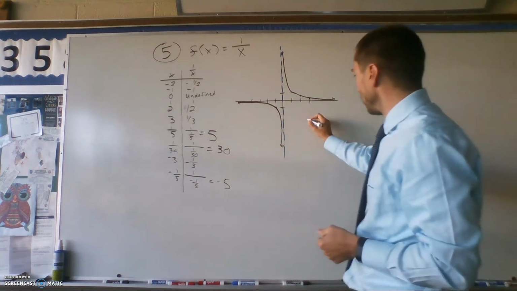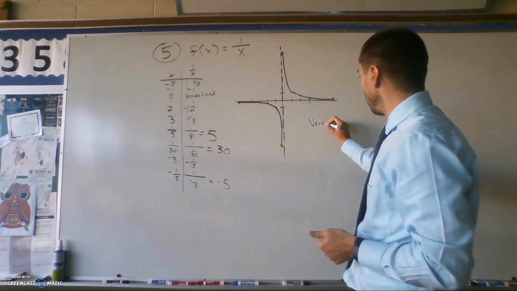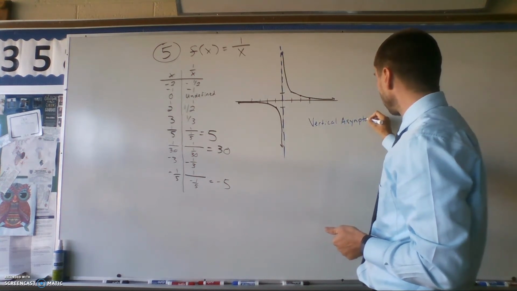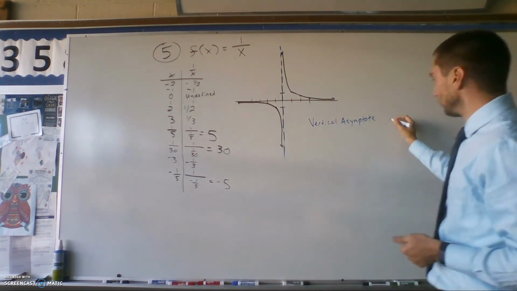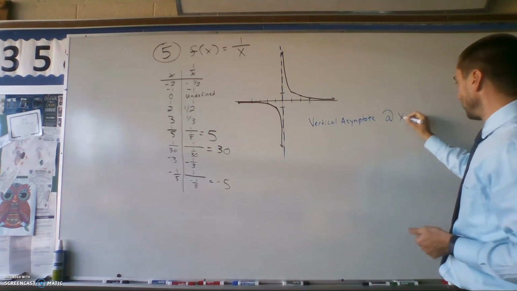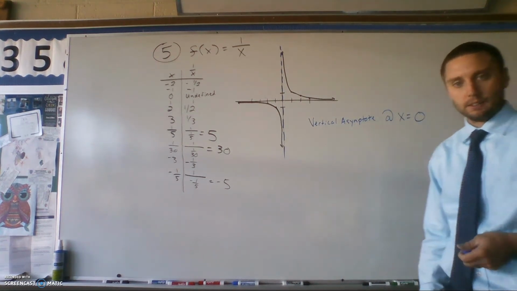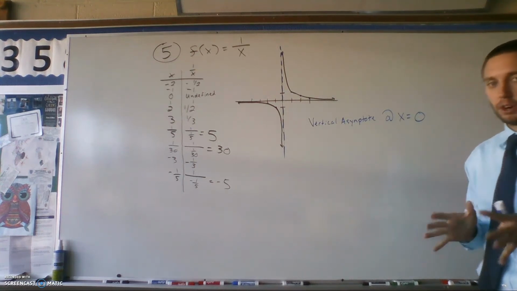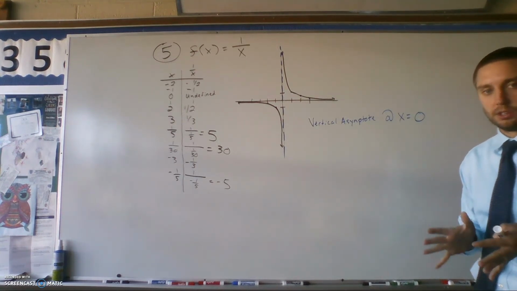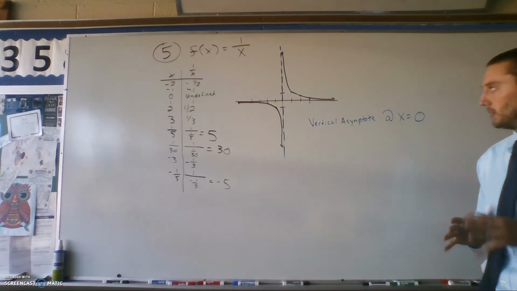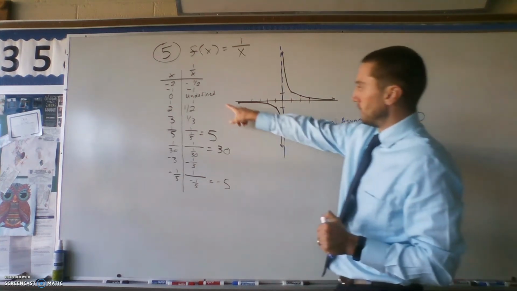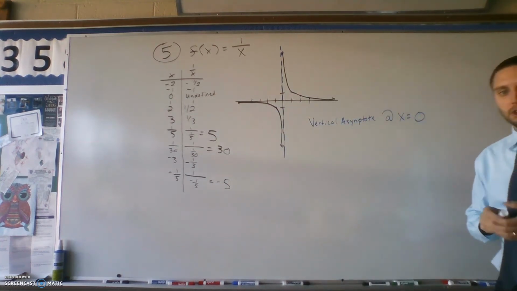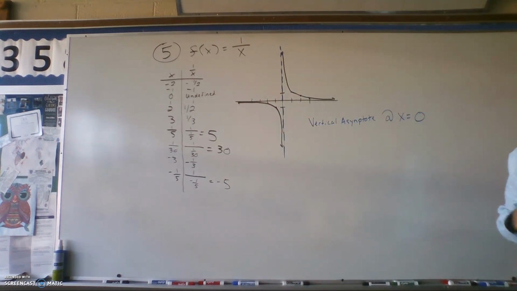I'm going to write that down. Now you may remember some things about vertical asymptotes from last year, but we cannot cross those. The reason we cannot cross the vertical asymptote is because our function is undefined at those values. So there would be no way to cross those vertical asymptotes.